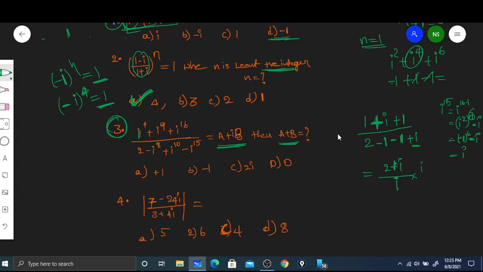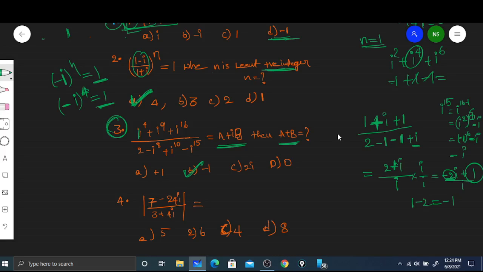You just multiply by i by i, then what will we get? We will get minus 2i plus 1 divided by i. Here the a value we got is 1 and the b value is minus 2. 1 minus 2 if we add, the final result will be minus 1. So option D is the correct answer.